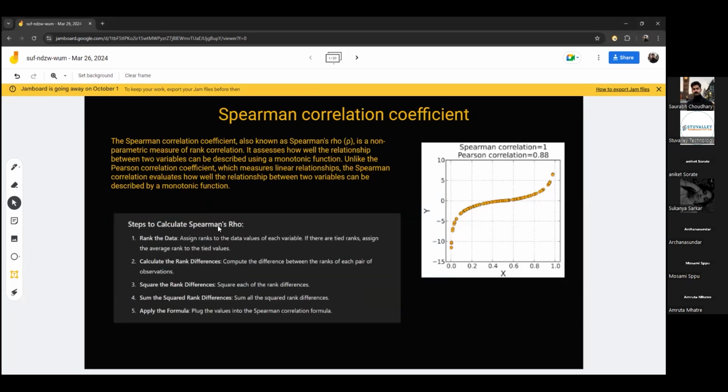Steps to calculate Spearman rho: rank the data, calculate the rank difference, square the rank difference, sum the squared rank difference, and apply the formula.